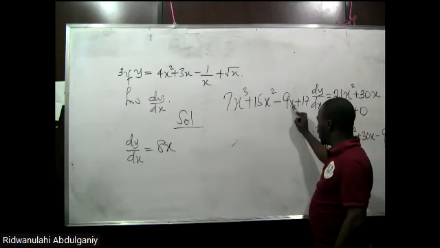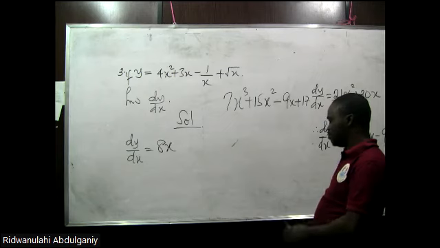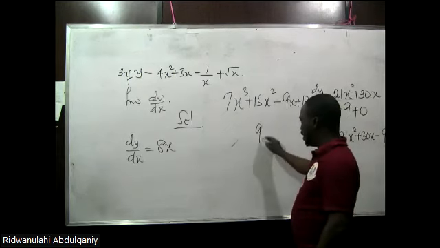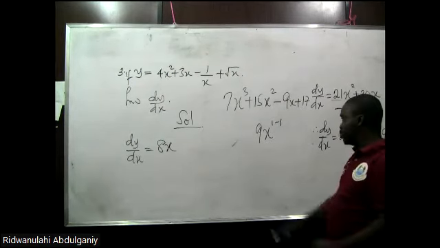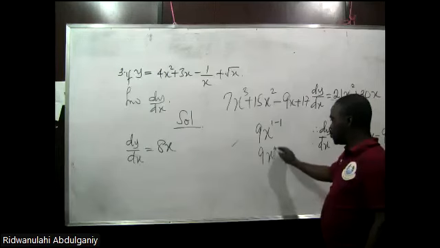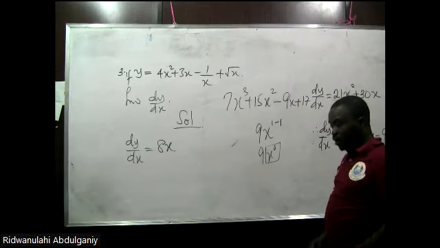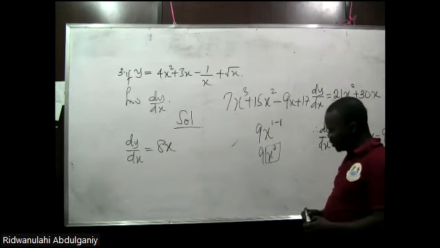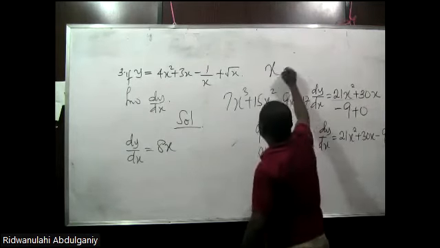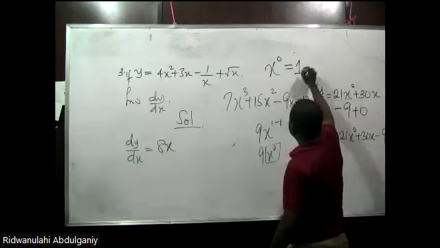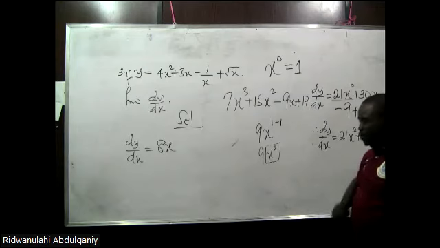What is now the power of x here? 1. 1 times 9 is 9. x to the power 1 minus 1 is 0. x raised to 0, what will it give us? Law of indices. Is it 0 or 1? I'm not too sure, sir. Okay, law of indices: a number raised to 0 is 1, except if that number is 0. If the number is not 0, any number raised to 0 is 1.